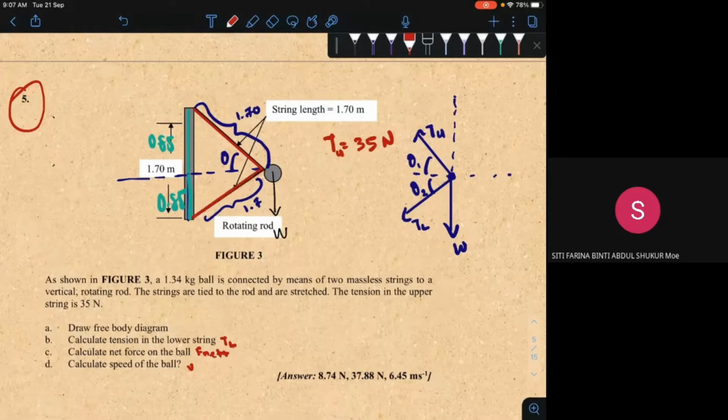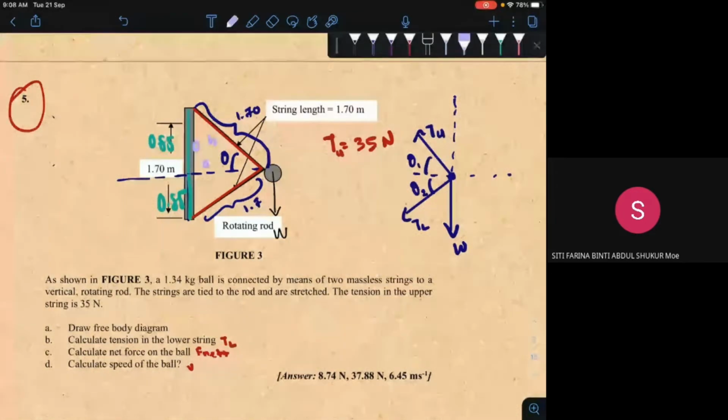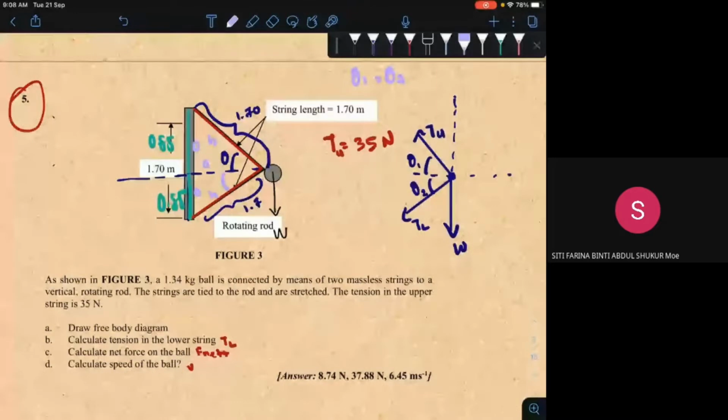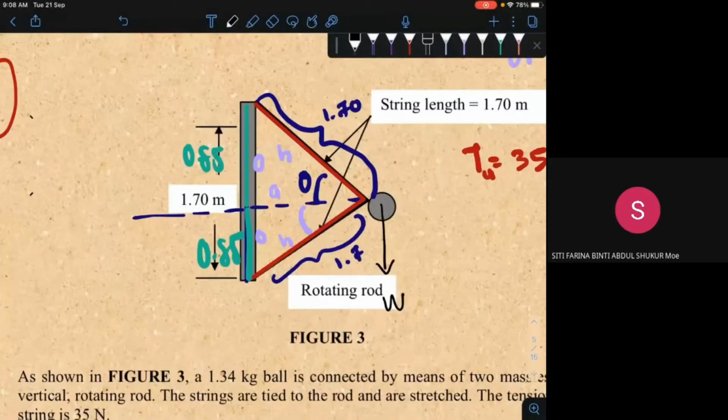So since kamu ada theta dekat sini, theta ini opposite, adjacent, hypotenuse. Sama juga bila theta dekat sini opposite, adjacent dengan hypotenuse. As you can see, the opposite dengan hypotenuse mempunyai nilai yang sama, maka you are going to end up with the same theta. So basically theta 1 kamu sama saja dengan theta 2 kamu. So to find the theta, sebab kita ada opposite dan juga hypotenuse, kita akan guna sin.